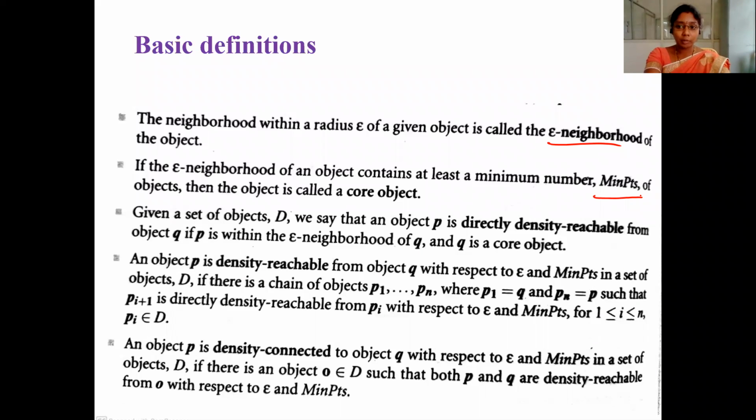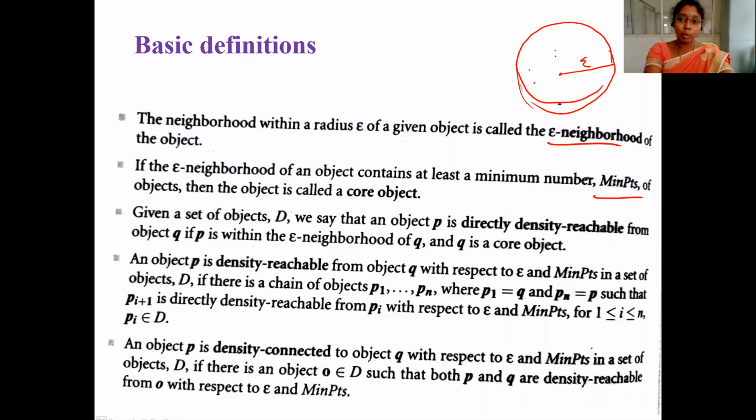For a particular point, the neighborhood with radius epsilon is called the epsilon neighborhood, and the minimum number of points within the epsilon neighborhood of an object is called min points.